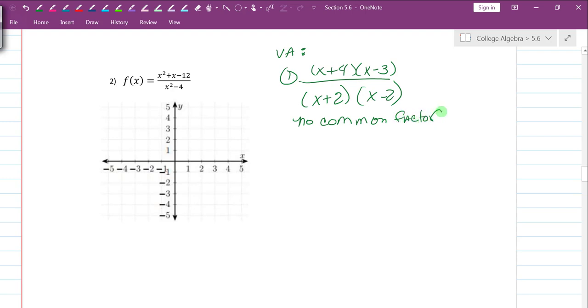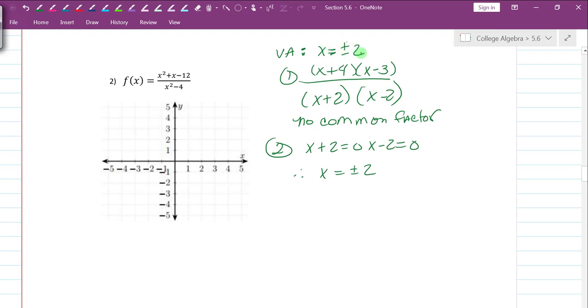So our step 2 is we're going to take the denominator, we're going to set it equal to 0 and solve for x. So we have x plus 2 is equal to 0, x minus 2 is equal to 0. So therefore, x equals positive and negative 2. So we end up with x is equal to positive and negative 2 for our vertical asymptote.